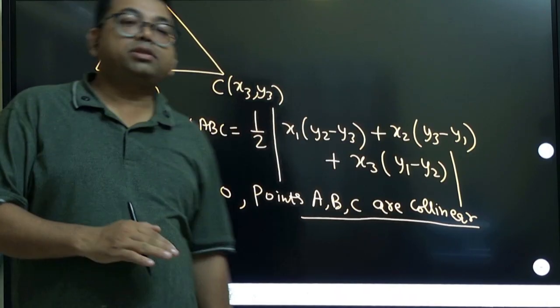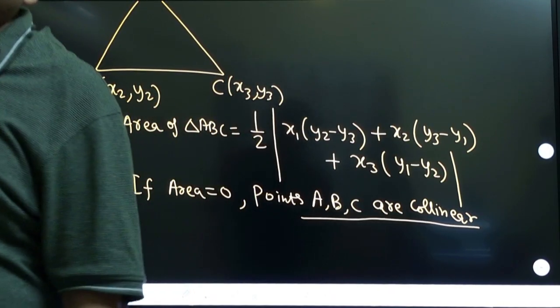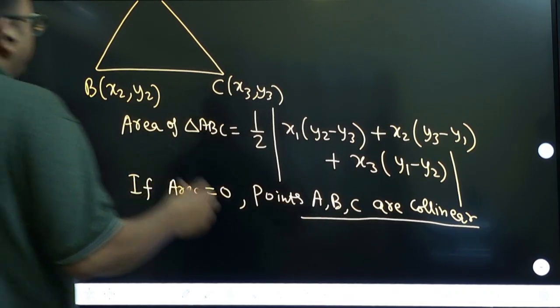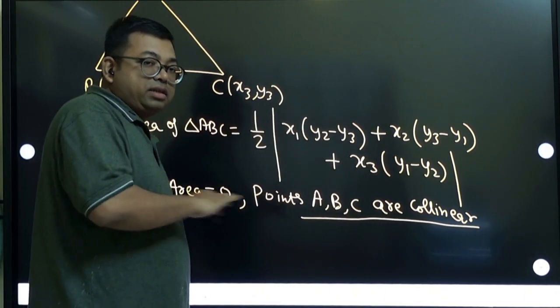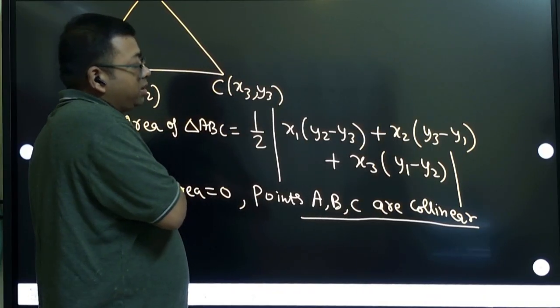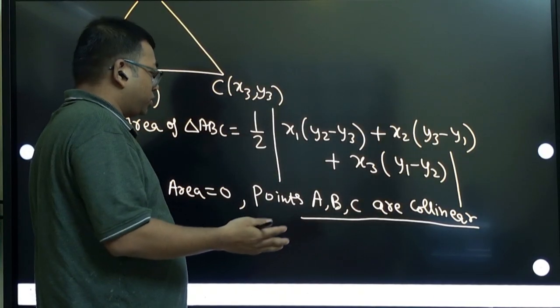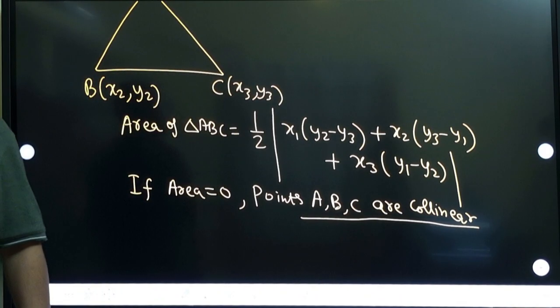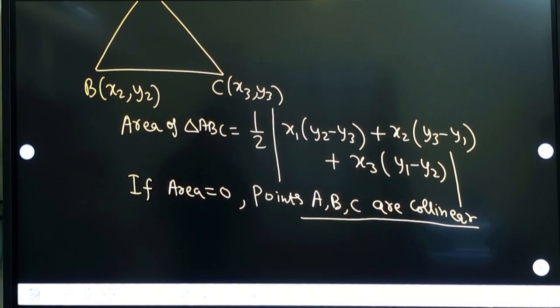If they lie on the same straight line, they will not form any area, and they will not form any triangle. So sometimes this idea is used to check collinearity. If three points are on the same straight line, then this term must be 0. So this is used in some places. Then let us take up some questions.